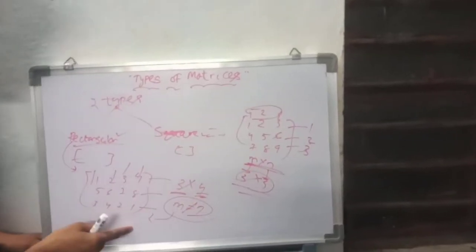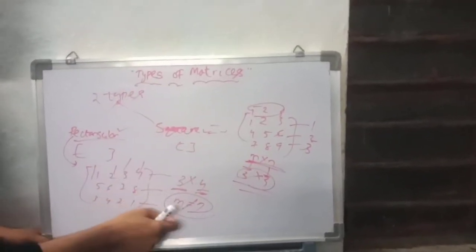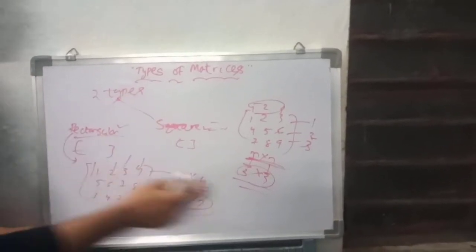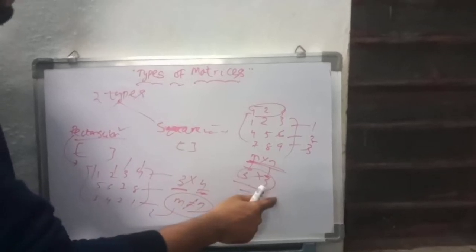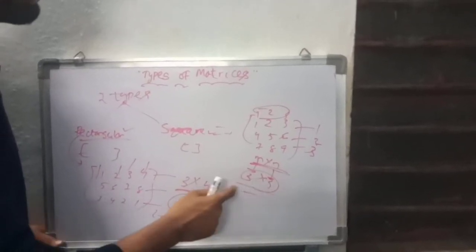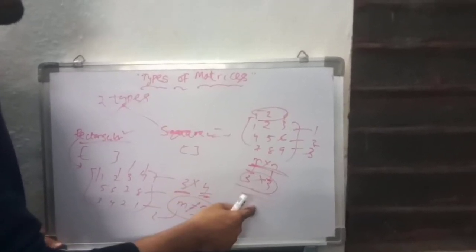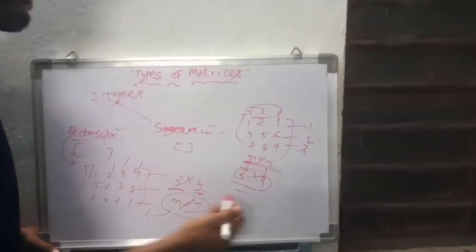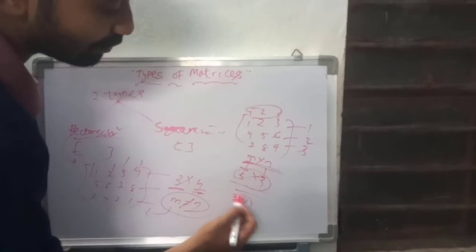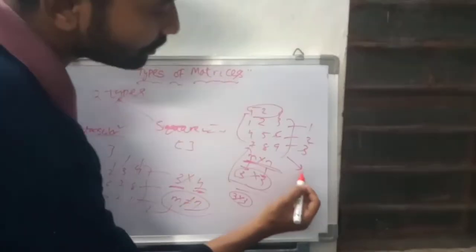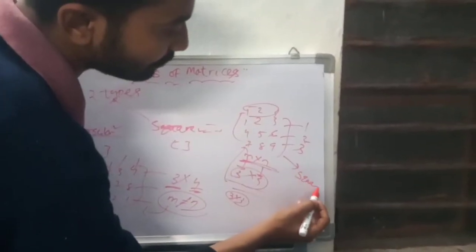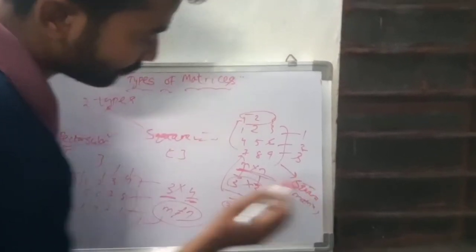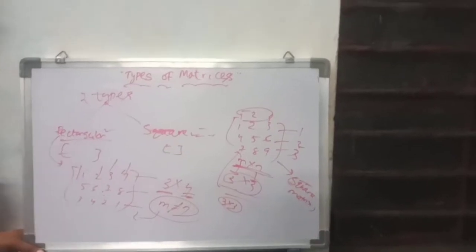I already told you that when m is not equal to n, it is an example of a rectangular matrix. Here m is equal to n, 3 is equal to 3, so the matrix will be a square matrix. This is the example of a square matrix, and the earlier one was the example of a rectangular matrix.